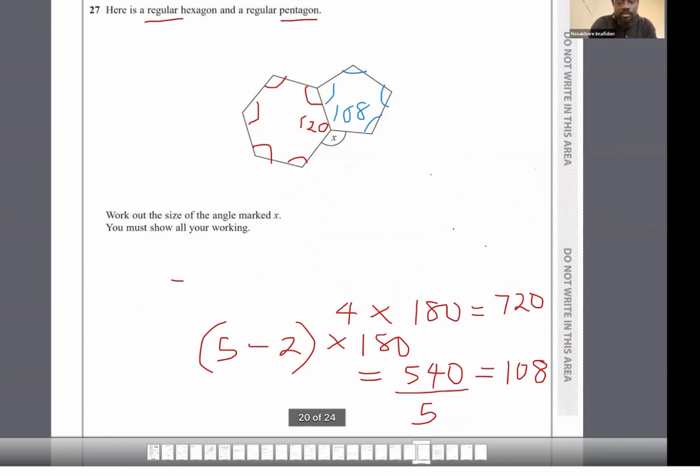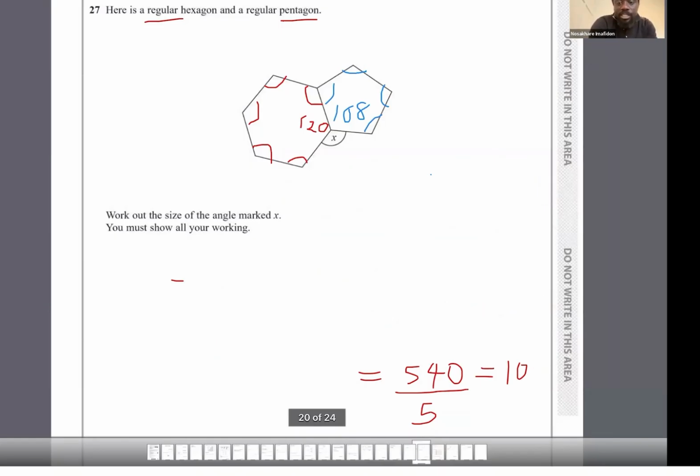We can simply say that if you have angles that are at a point, how do we know that they are at a point? Notice that this angle 120, the 108, and the X can form a complete circle.